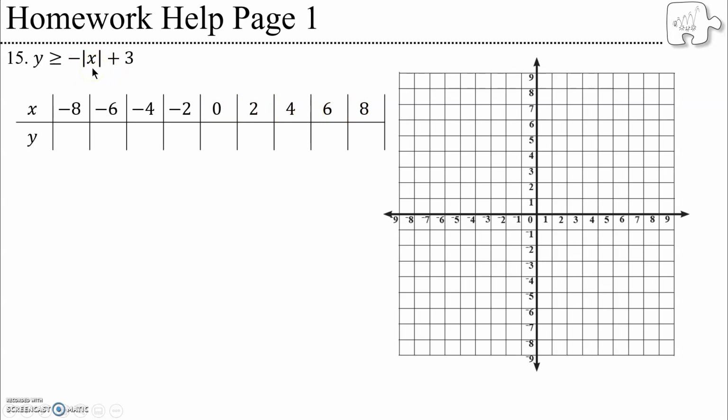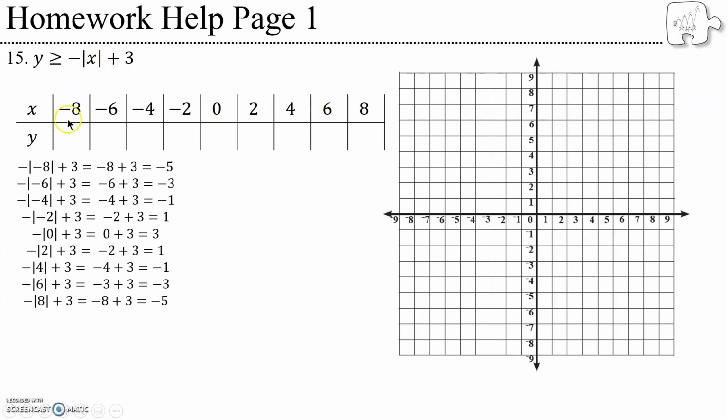We'll see that when we plug it in. The absolute value of 8 is 8, and the opposite of 8 is -8, so it's -8 plus 3. The absolute value of -6 is 6, find the opposite, so it's -6 plus 3, and so it'll be -3.